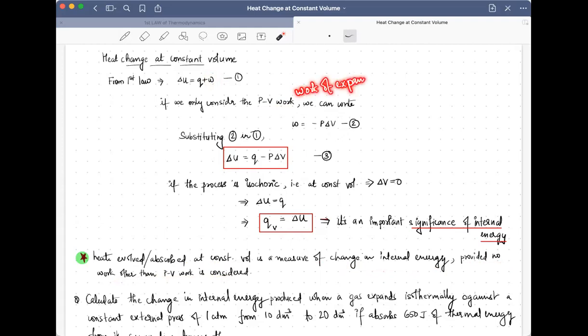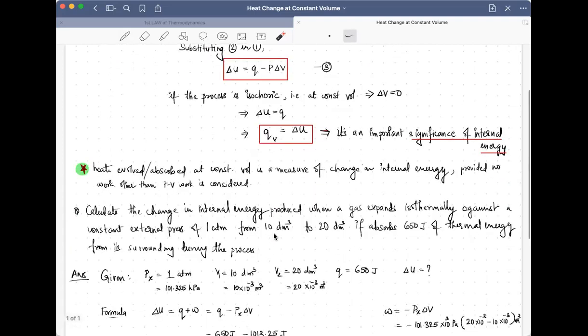For this equation to hold, it is mandatory that the work considered is only pressure volume work. In that case, any heat absorbed or evolved would be equal to the change in internal energy. So heat change at constant volume is nothing but the change in internal energy.